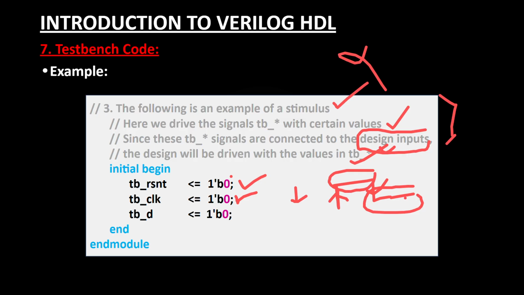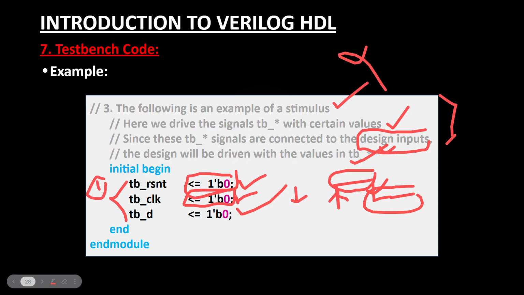Here the value is 0. It is not a negedge, either it may be a transition from positive to negative or negative to positive. The input is 0, and this is 0. All these three are called a test case. This is one test case.